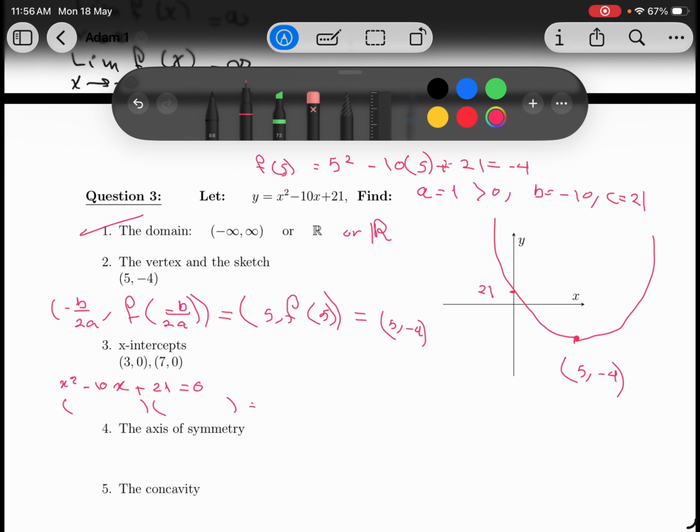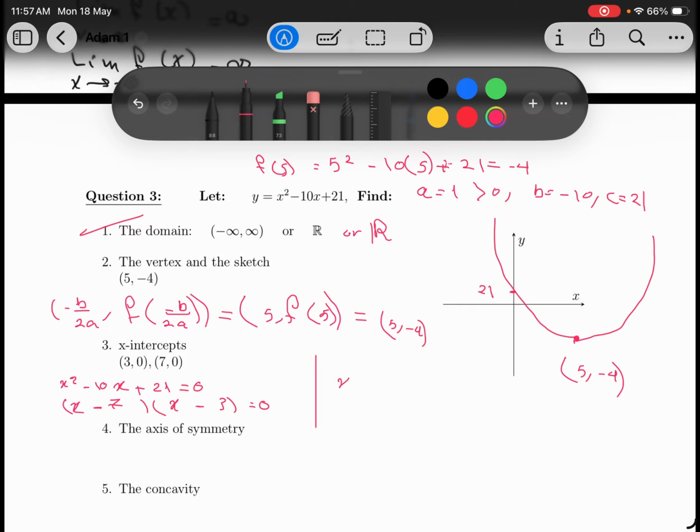It will guide you step by step through factorization to make it a piece of cake for you and very, very easy to handle. So x and x, minus and minus, 7 and 3. So we have two x-intercepts, okay, of 7 and 3.